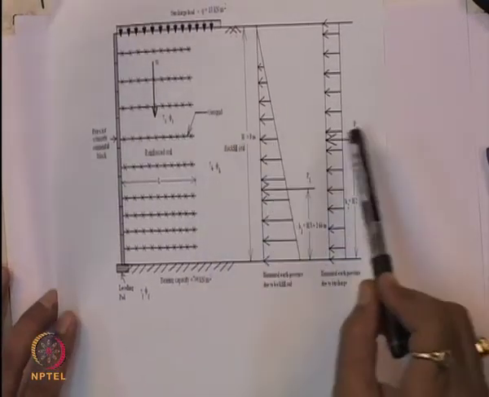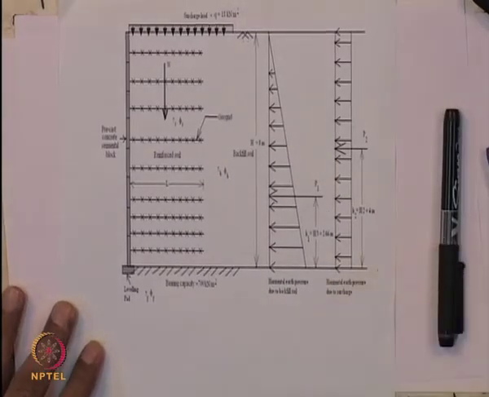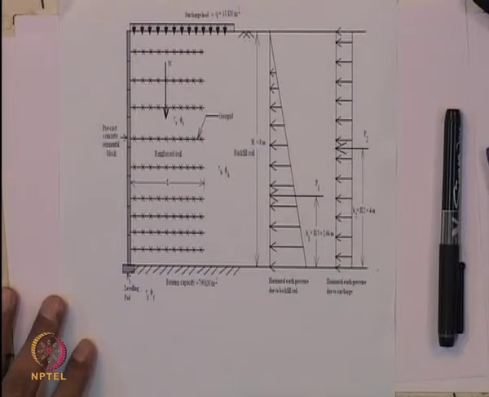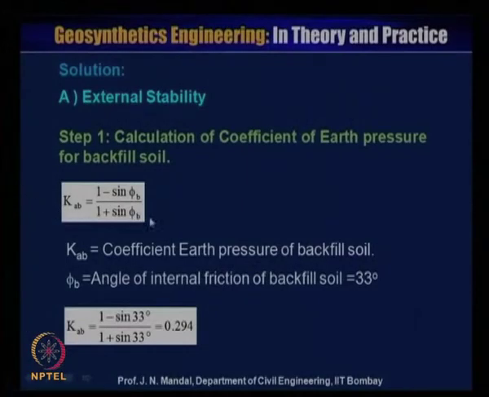So, you can calculate KAB from this equation, that is KAB is equal to 1 minus sin phi B by 1 plus sin phi B. So, KAB is equal to 1 minus sin 33 divided by 1 plus sin 33, that is 0.294. So, you know KAB, the coefficient of earth pressure of backfill soil, is 0.294.